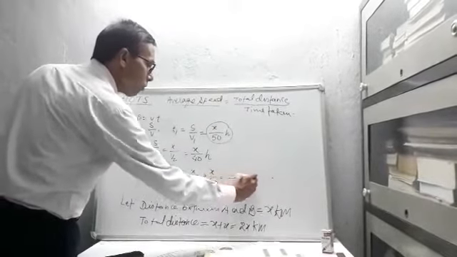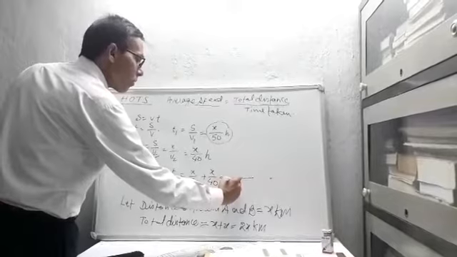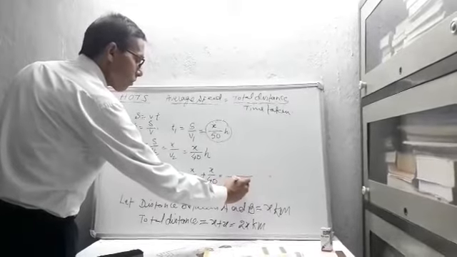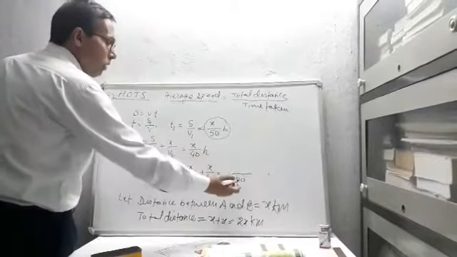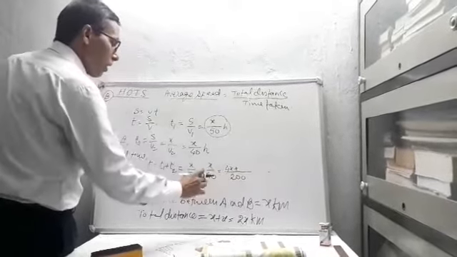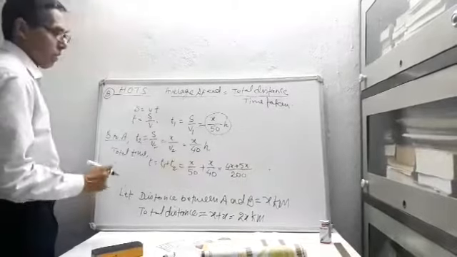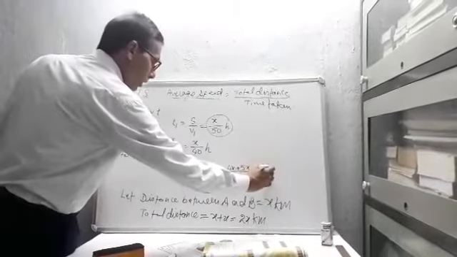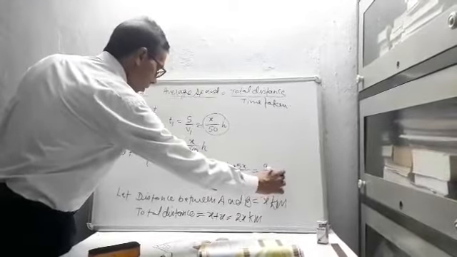LCM of 40 and 50 is 200. On solving we get 4x plus 5x, that is 9x divided by 200 hour.